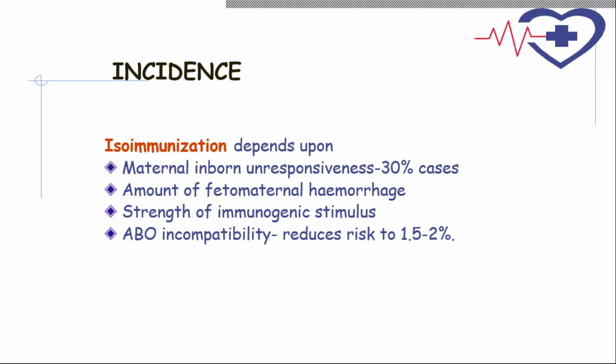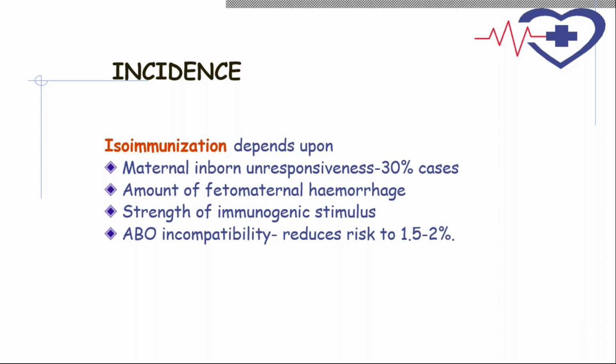Why does ABO incompatibility reduce the risk of Rh immunization? The ABO incompatibility will decrease the number of immunizing RBCs, and hence the available RBCs for Rh immunization will be less. Actually, what happens is that because of ABO incompatibility, the RBCs get the antibody, and these Rh positive cells get destroyed.